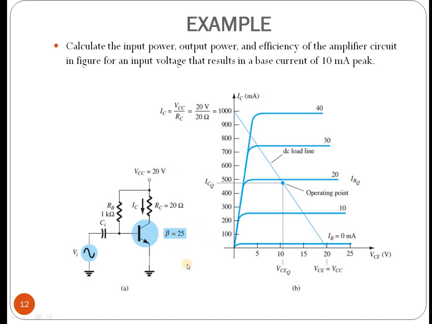From that we need to calculate the input power, output power, and finally the efficiency. Another curve is given, the collector current curve, IC versus VCE, with the values. From that we need to determine the parameters.